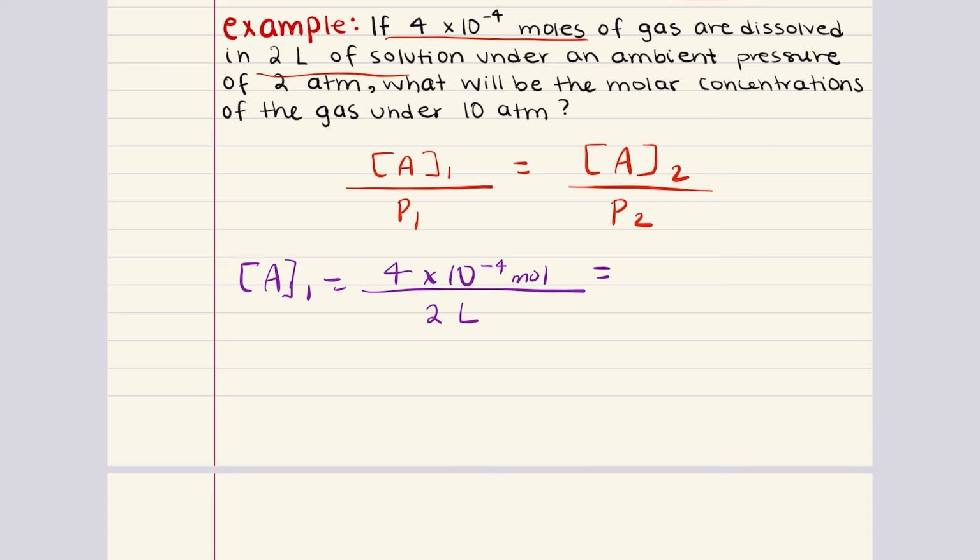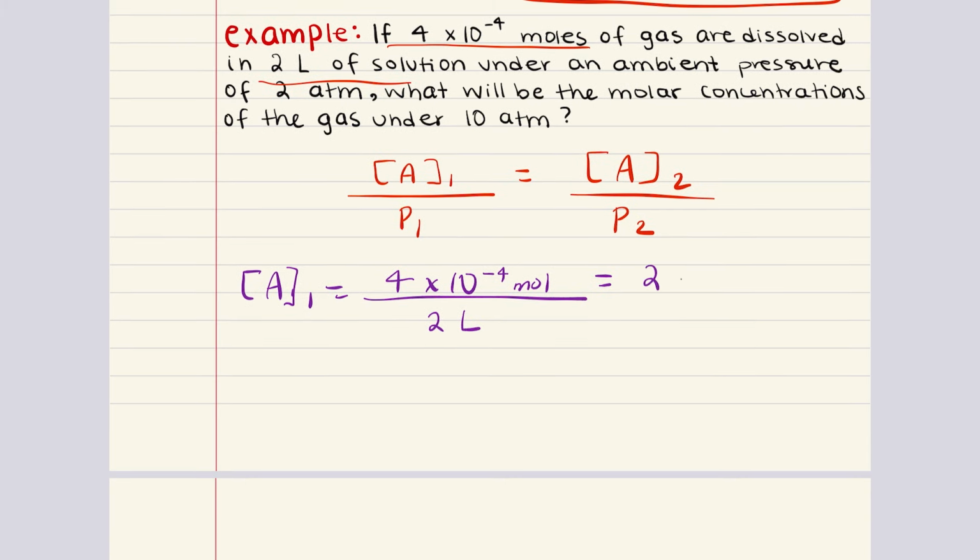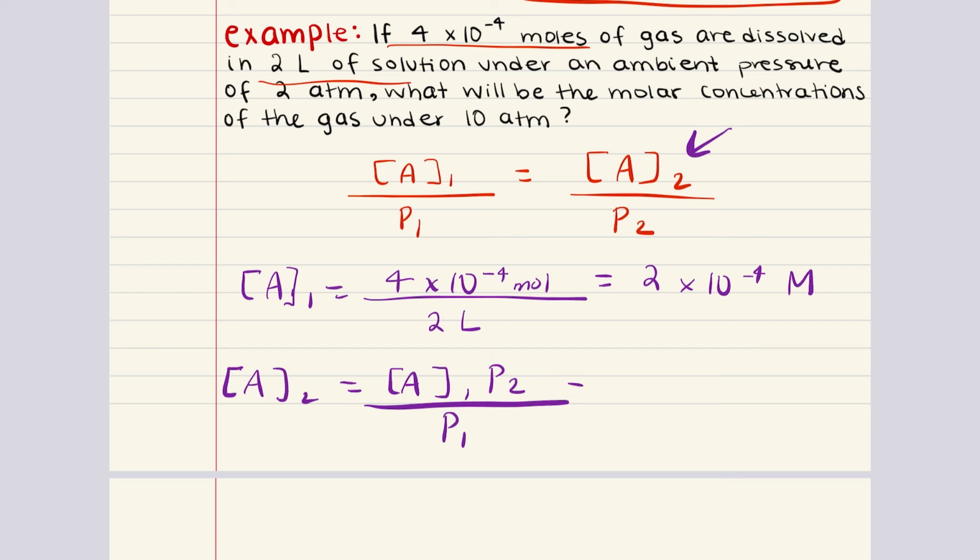This gives us a molarity of 2 times 10 to the minus 4. Now we know 3 out of the 4 variables, so we can easily rearrange this expression to solve for final concentration. Final concentration is going to be equal to initial concentration multiplied by final pressure divided by initial pressure.